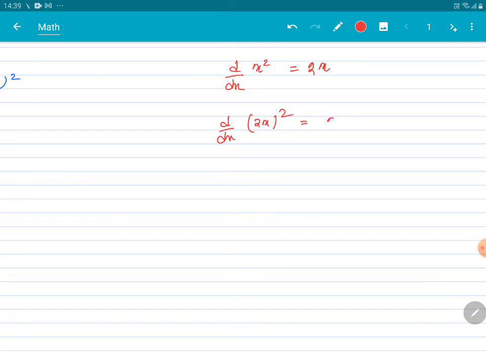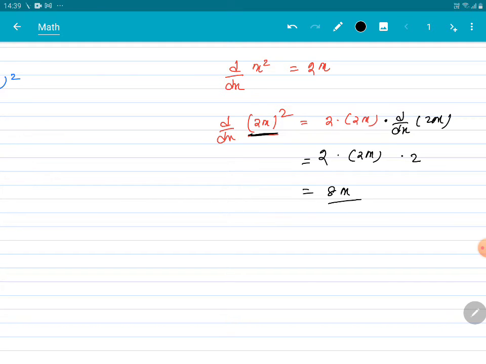First you write 2 into the derivative of the outer, this is the chain rule applied. Taking this as x, 2 into 2 of x. Now this inside is not only x, it is 2x, so again you write the derivative of 2x. First you apply the square, then the derivative of 2x is 2. So 2 into 2 into 2, clear? That is 8x.